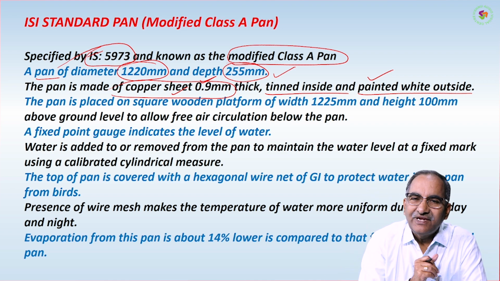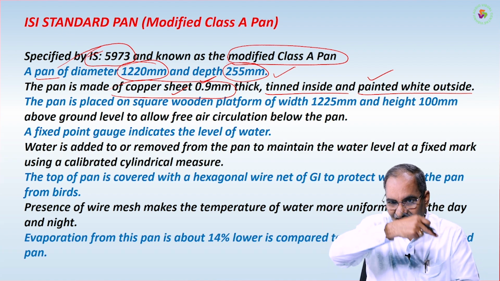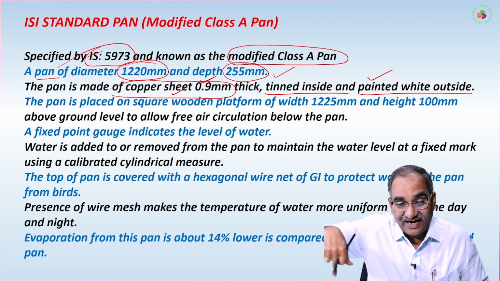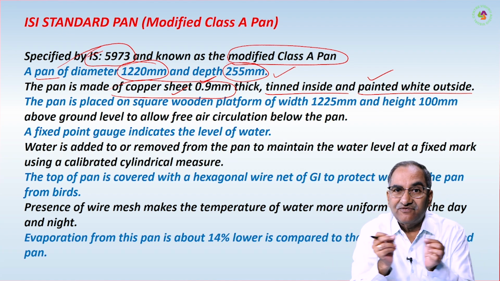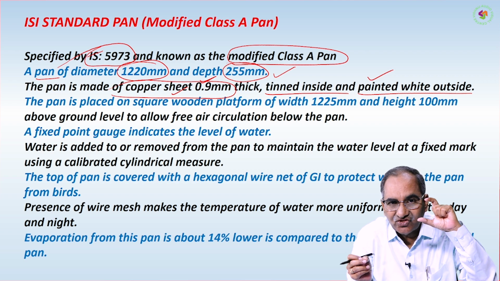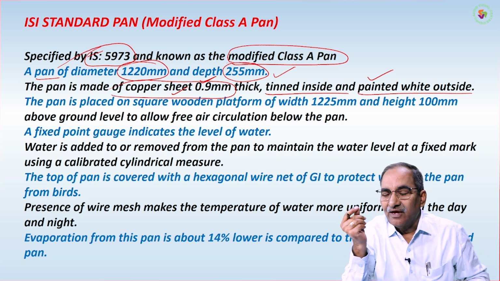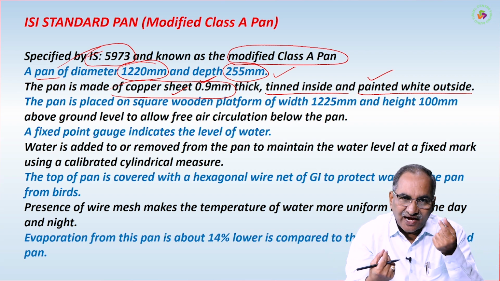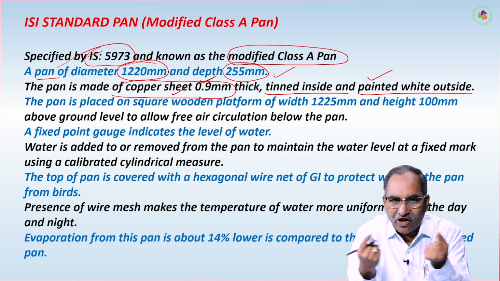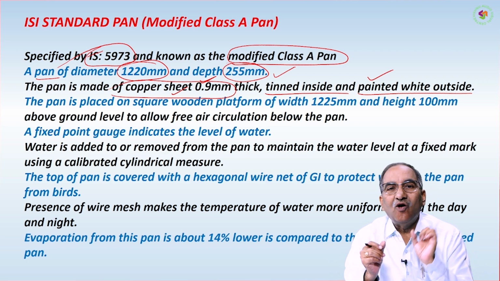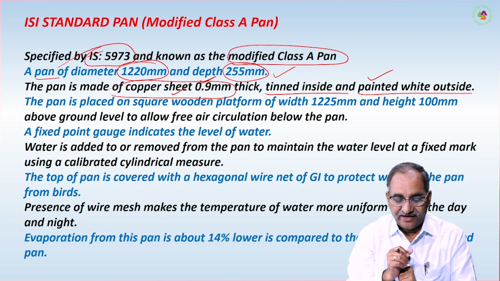So this is where we will keep it. Now I am taking a circular or cylindrical pan with a diameter of 1220 mm and height of 255 mm, made of copper, and the thickness of the walls and the base is 0.9 mm.